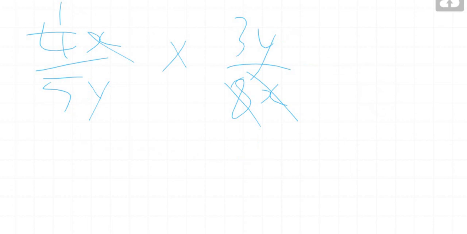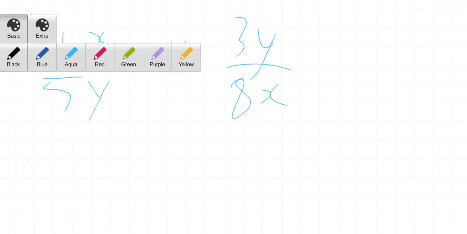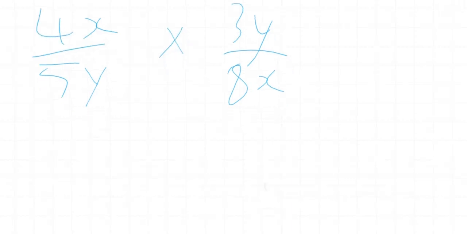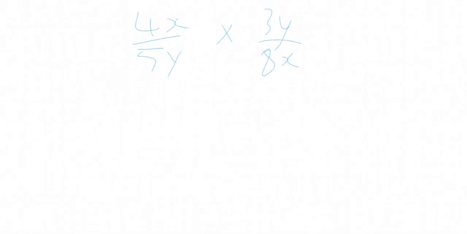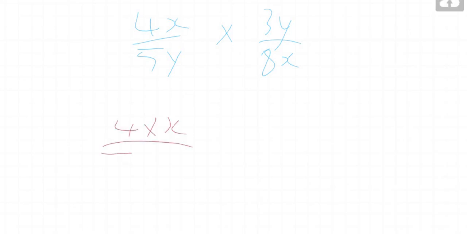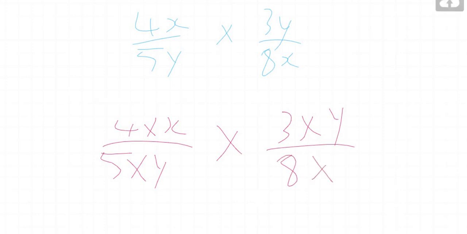We could actually expand the fractions. We could say 4 times x divided by 5 times y, times 3 times y divided by 8 times x, or we could even expand the 8 as well.